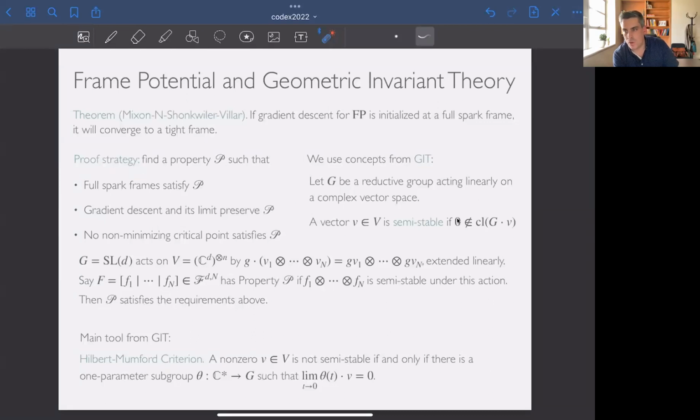That's a condition which is quite convenient for checking semi-stability or non-semi-stability. And that basically allows us to show that this property meets these requirements, and then the proof goes through.